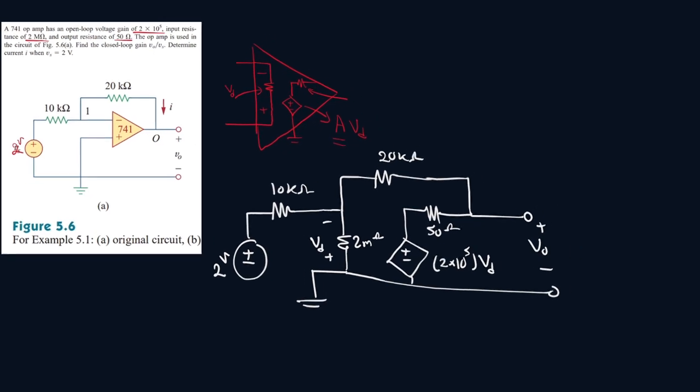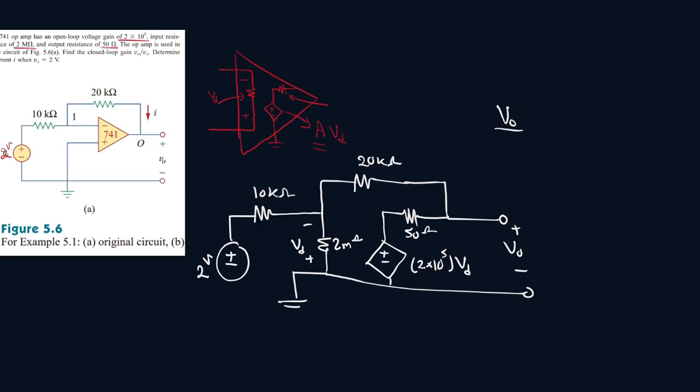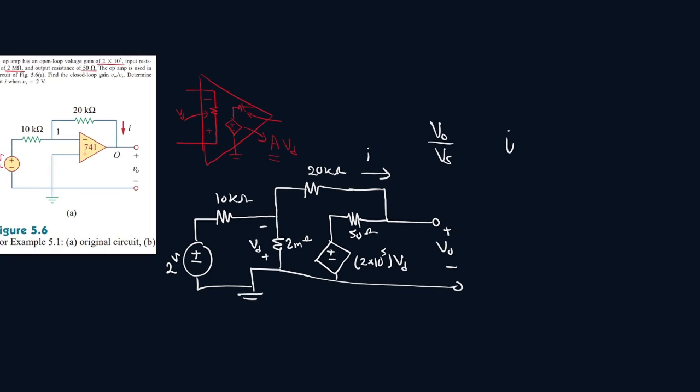Alright, and we need to find VO over VS, and we have to solve for I. Okay, I being the current passing through here. Alright, then we can connect this to here. There we go. Okay, so let's set this to be VA, and let's set this to be VB.